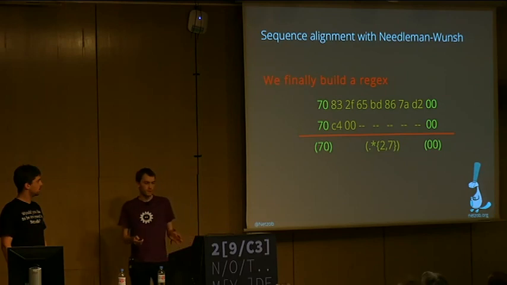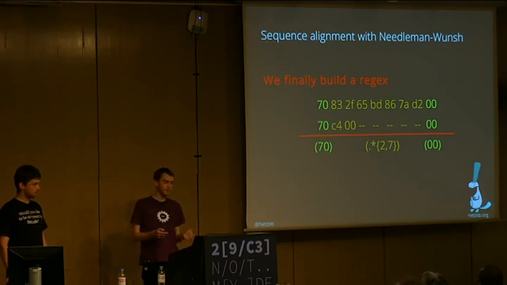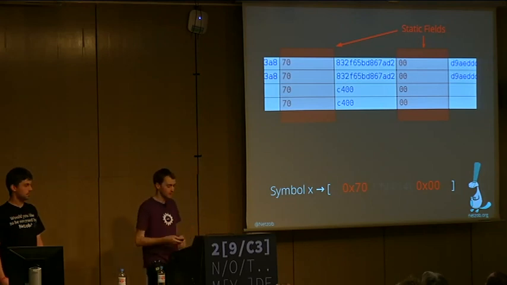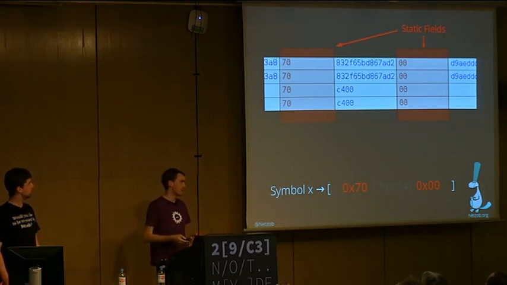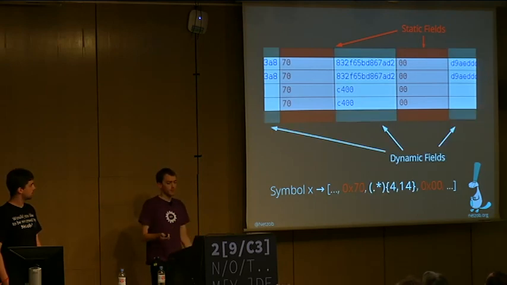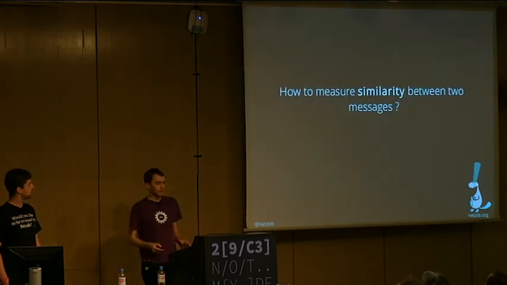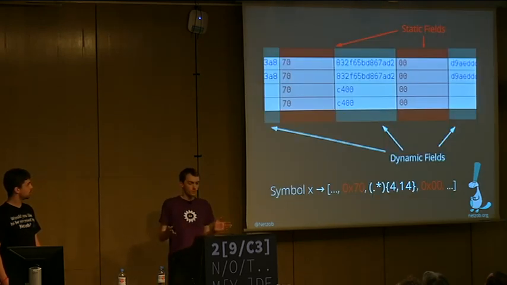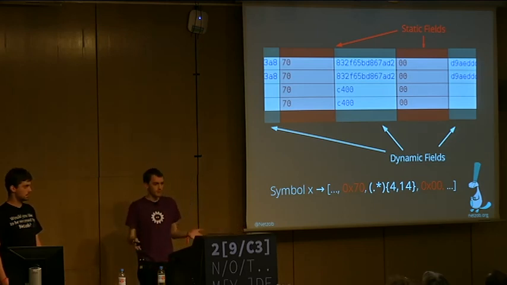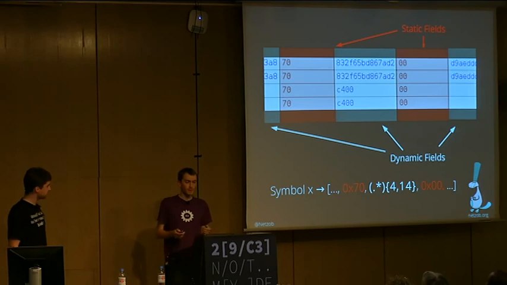Regular expressions help inside Netzob to do field partitioning, to split messages between fields. So with this information, we can easily split messages inside Netzob with the 70 and the 0. In the middle, you have the dynamic part. So you have the static fields and the dynamic fields. Okay, so now you are able to do partitioning of fields with many messages. So let's see how to do similarity with them.